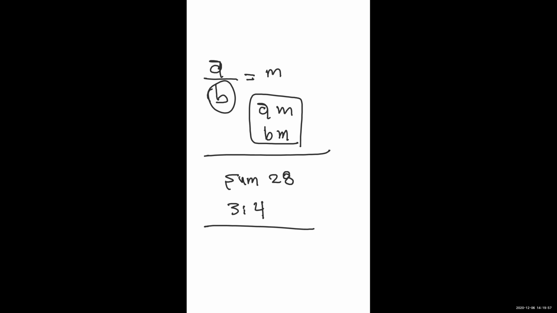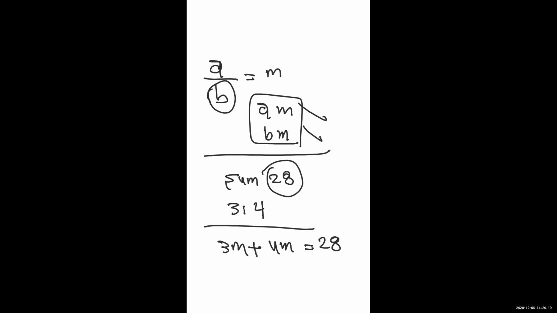Okay, so in this case, guys, as we said, the first number will be AM, the second number will be BM. So 3M plus 4M equals the sum, which is 28.